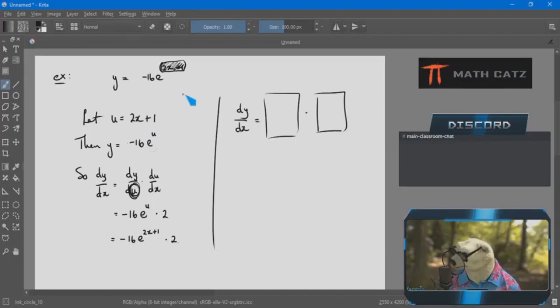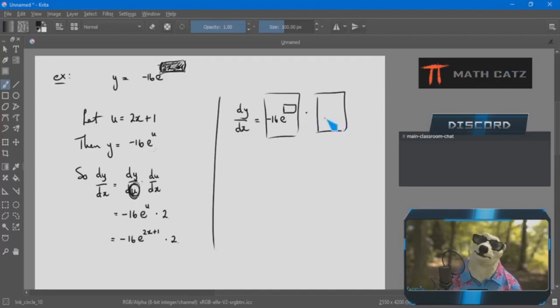Call it u, call it whatever you want, but it's one single thing, as if that thing is the variable. What I then have is negative 16e to the something. Whether that something has a name or not, it's one thing. And the derivative of negative 16e to the something with respect to that something is negative 16e to the something, whatever that something is, because that something is now seen as the variable.